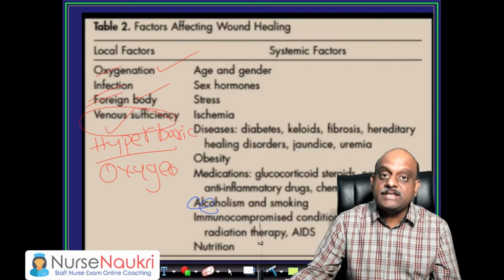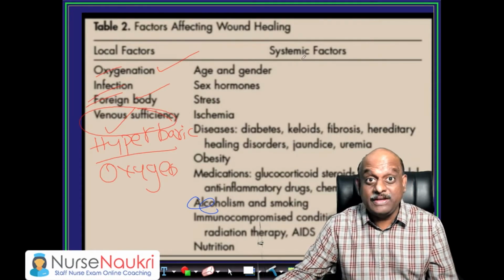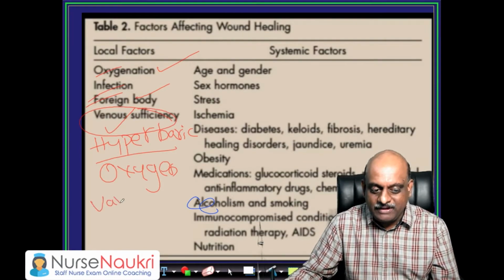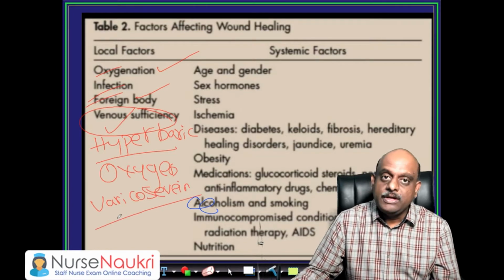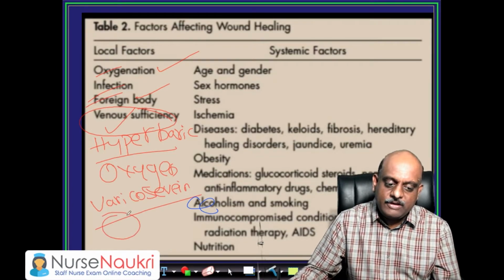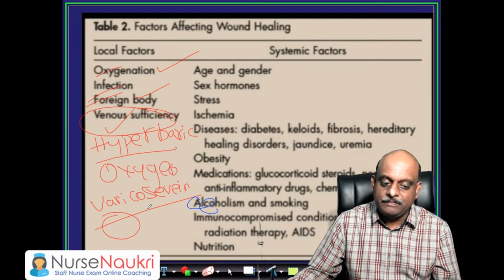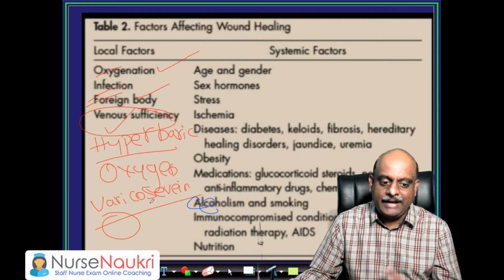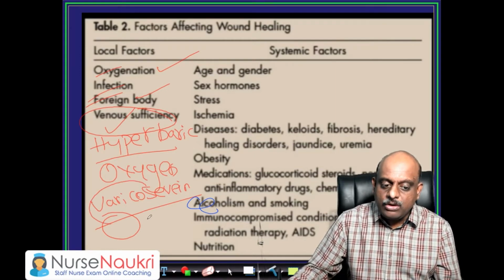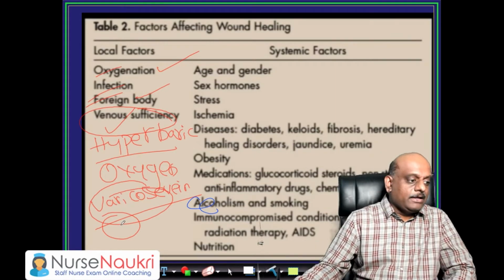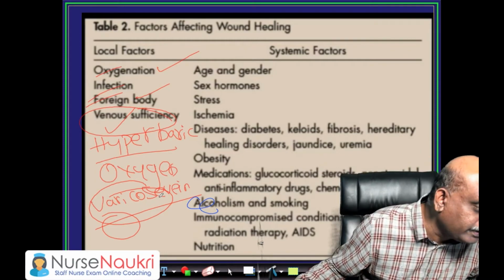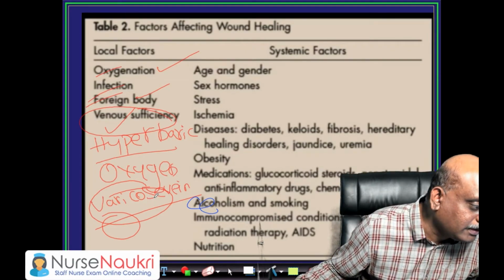Similarly, venous insufficiency. A lot of patients with varicose veins we see every day in the hospital. When varicose veins are there, ulcers develop, typically along the medial surface of the leg. They will also be a little slow in healing.